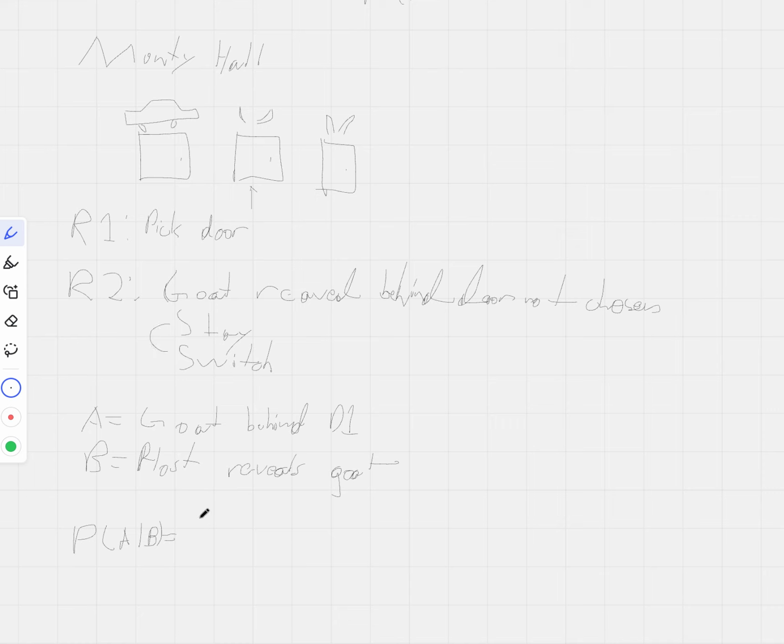Using Bayes' theorem, we have that this is the same as the probability of the host revealing a goat, given that the goat is behind door 1, times the probability that the goat is behind door 1 over the probability that the host reveals a goat.